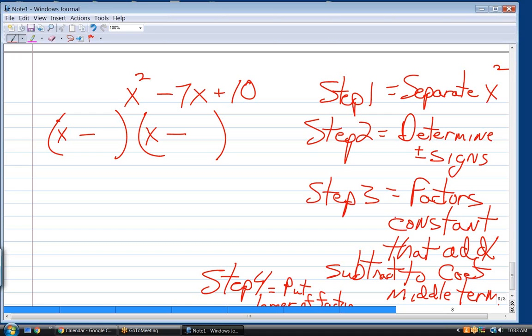Step 3. In this case, we want factors of 10 that add, because of that positive sign, to the number 7. Not to negative 7, but to the number 7. Well, again, that's 5 and 2.